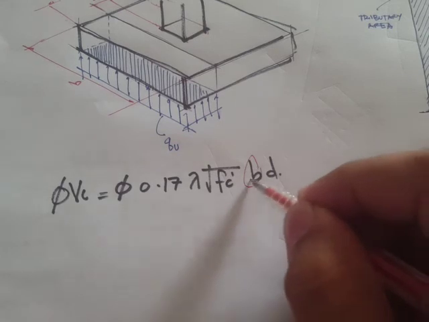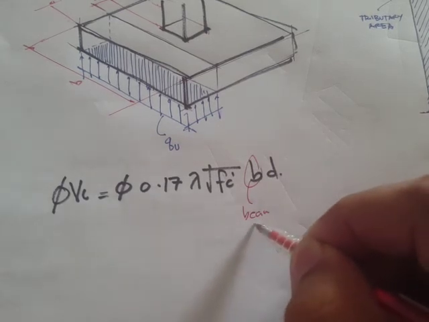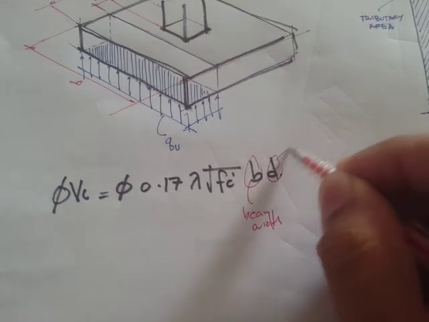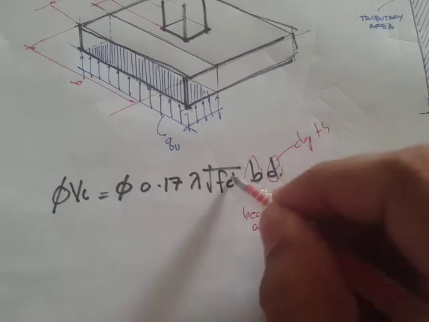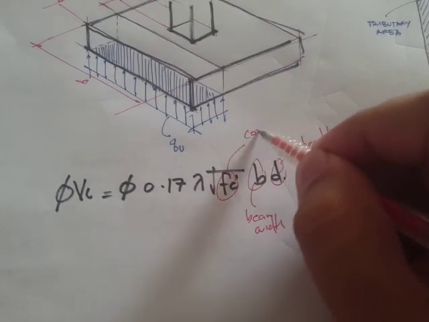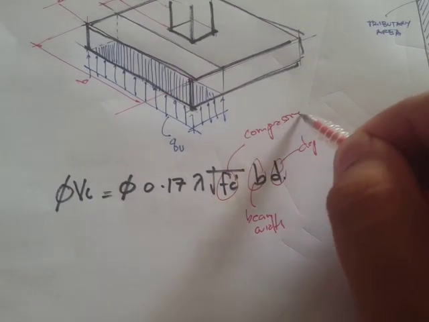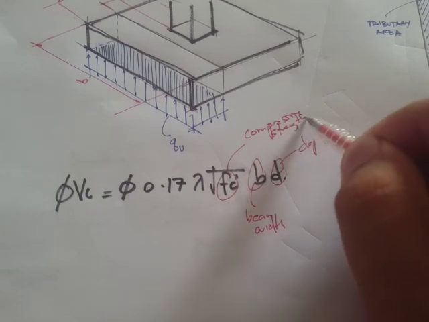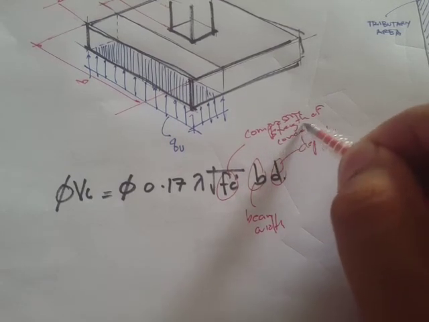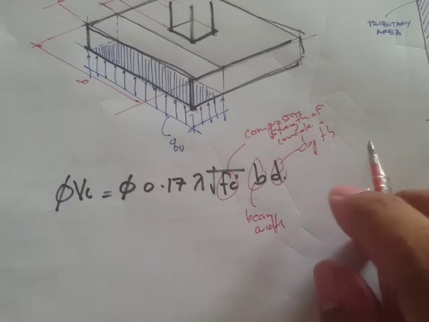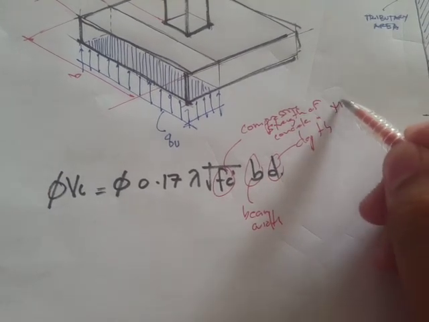This one is the beam width, and this is the depth. This one is the typical compressive strength of concrete in, let's say, megapascals.